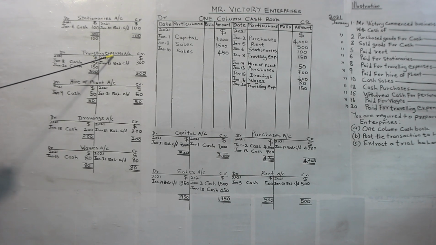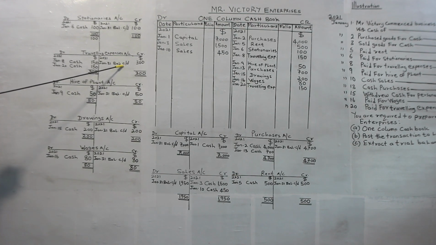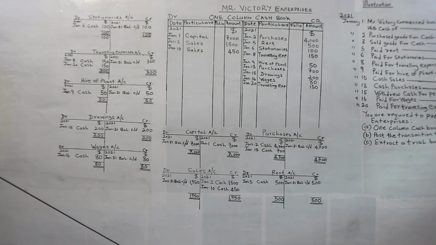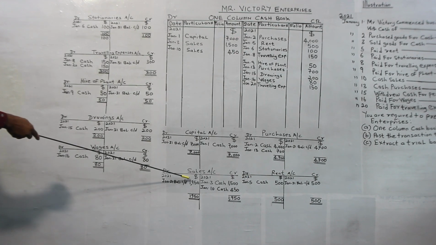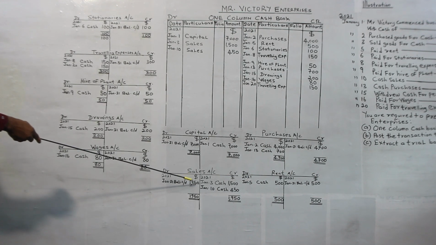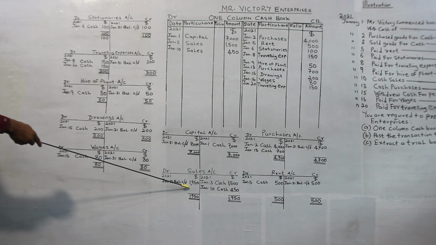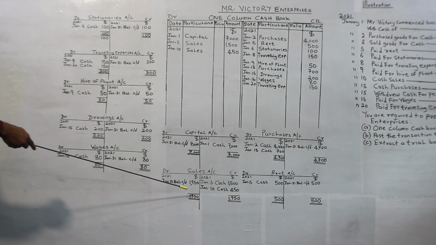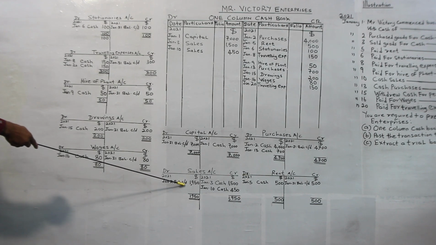So for the travel expenses account, this is the balance carried down. Then we take the 300, bring it under here, it becomes balance brought down. Balance brought down represents opening balance for the next month. Let's take the sales account. The balance carried down of the sales account is on the debit, 1,950, which is the closing balance in sales account.